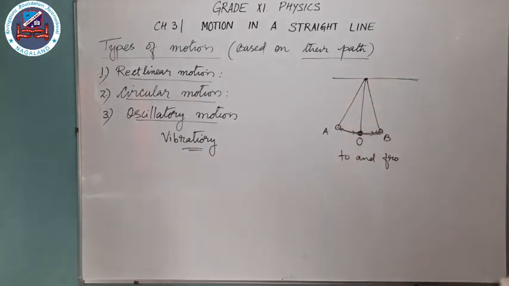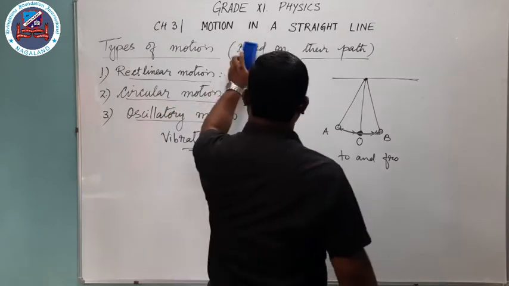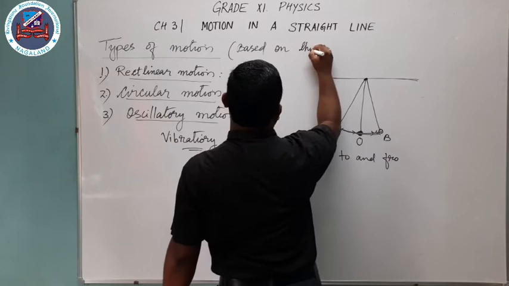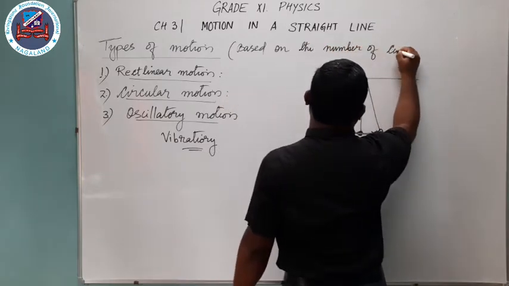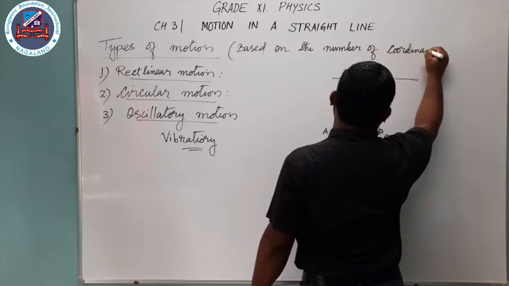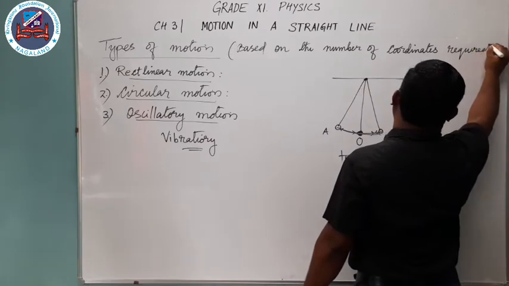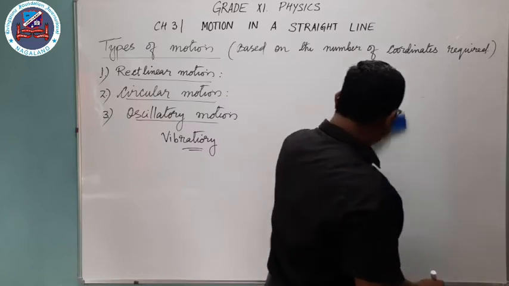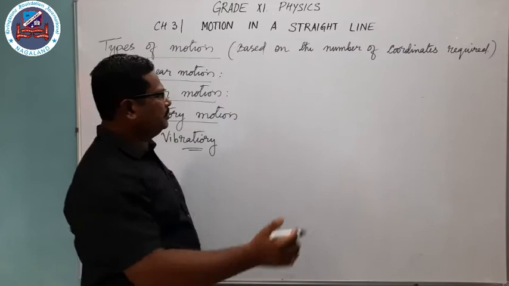Now let us see the types of motion on the basis of the number of coordinates required to define them. If you take in terms of coordinates, then 3 types, 2 types are very familiar.